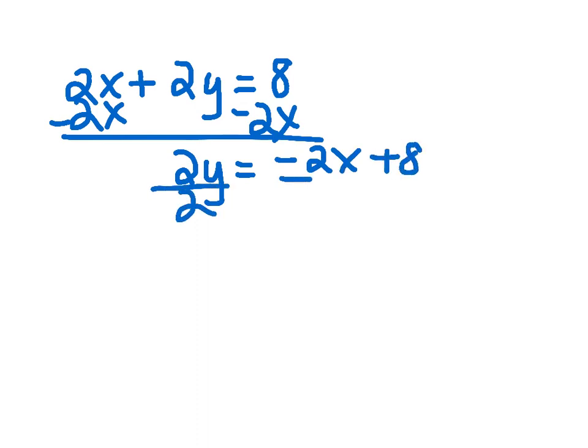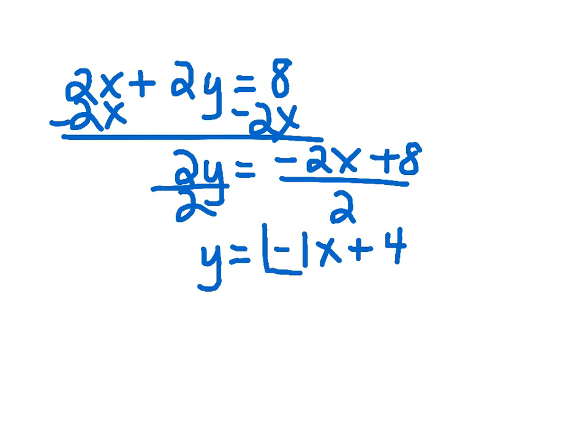When I divide by 2, I get y equals negative 1x plus 4. The rate of change is negative 1. That means it's going down 1 for every 1 it goes over. Sometimes you might want to put that as a over 1.